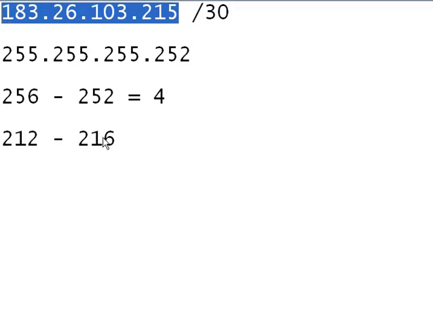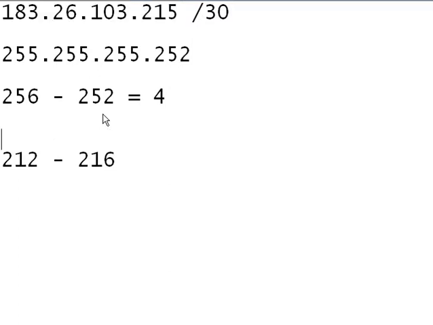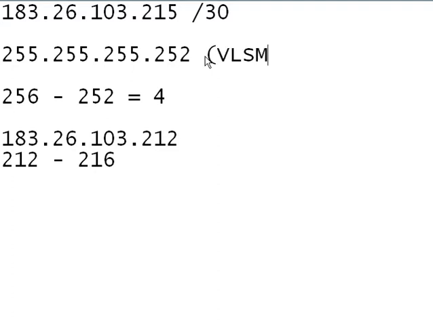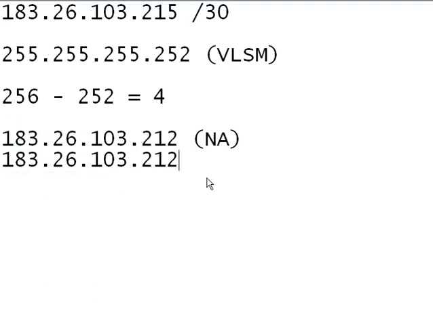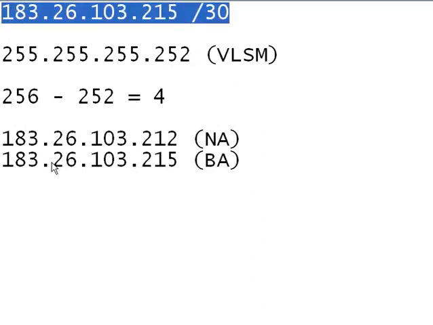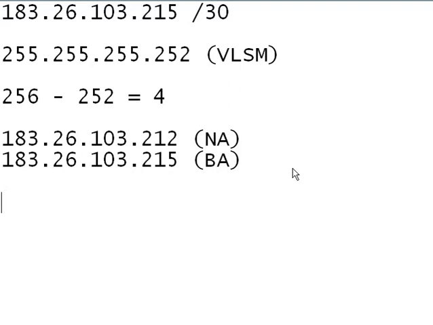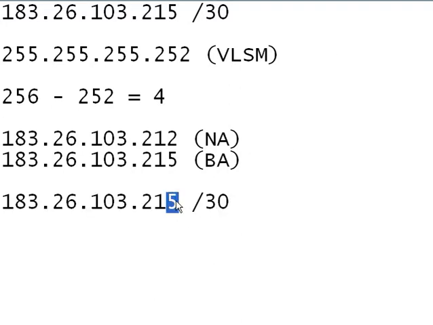The given address is nothing but my broadcast address. 215 is the broadcast address, and in this range I have only two valid addresses, that is 213 and 214. So that's how we calculate.